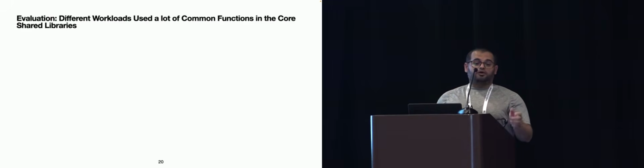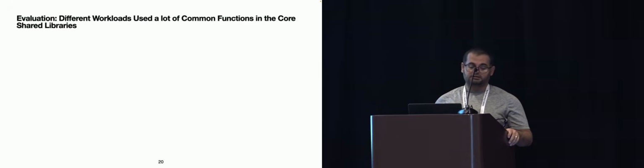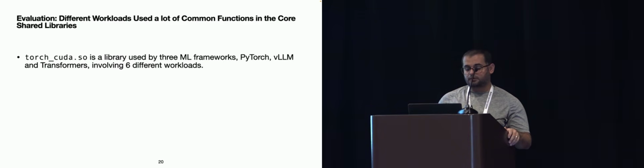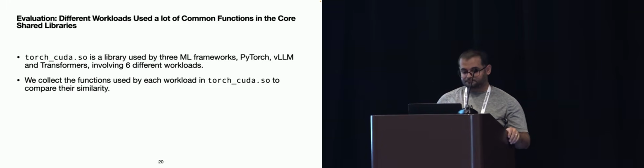Now the authors also evaluated the influence of different workloads on the functions that are used in the shared libraries in the machine learning frameworks. If we take an example, the Torch CUDA shared library, it has been evaluated based on 6 different workloads, based on the 3 frameworks, PyTorch, vLLM, and Transformers.